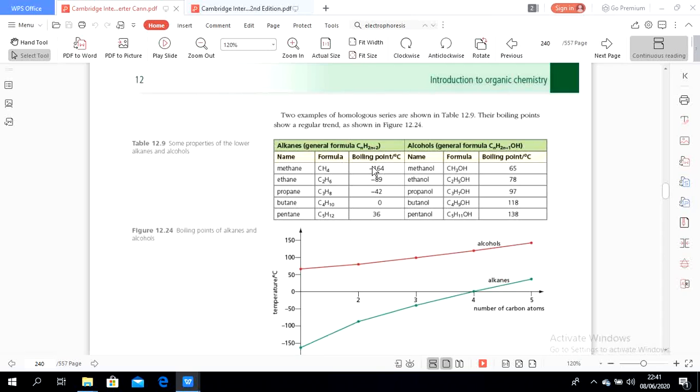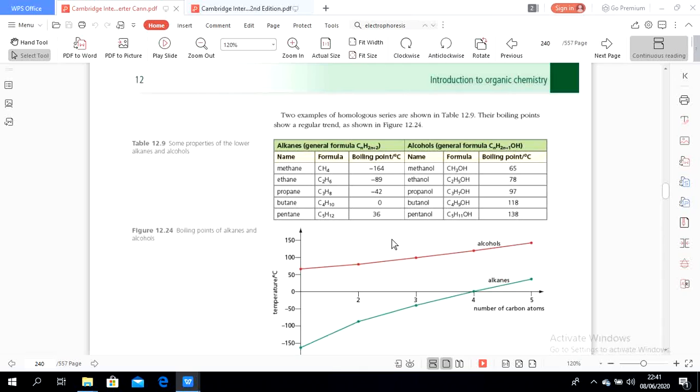We can see here from carbon atom number 1 until carbon atom number 5, the boiling point increases. What does it mean? If the boiling point increases, it means the van der Waals forces are getting stronger. We know that alkanes contain only carbon and hydrogen. There is very little difference in electronegativity, so alkanes have van der Waals forces. While alcohols contain hydrogen bonding. Why? Because there is an OH.